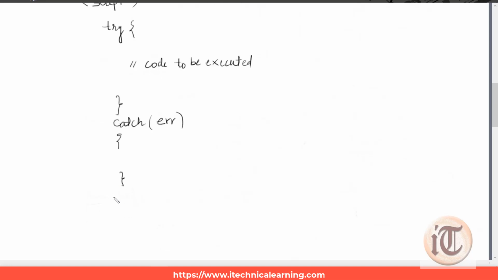And then after that we write our finally block, which denotes the code to be executed in each case. So this part contains the erroneous code. If the error happens, it enters into the catch block, and whether our code contains an error or not, this particular part will always execute.